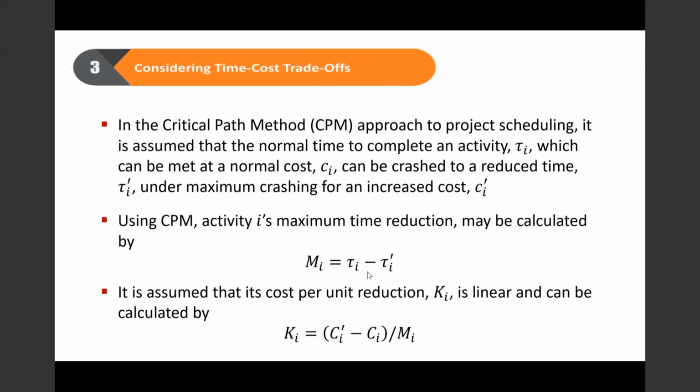In order to calculate that, we can use the formula M_i equals tau_i minus tau prime_i. Tau_i here is the normal time to complete an activity, and tau prime_i here is the crash time. And the cost per unit reduction is the maximum crashing cost minus the normal activity cost, divided by M_i, which is your maximum time reduction.